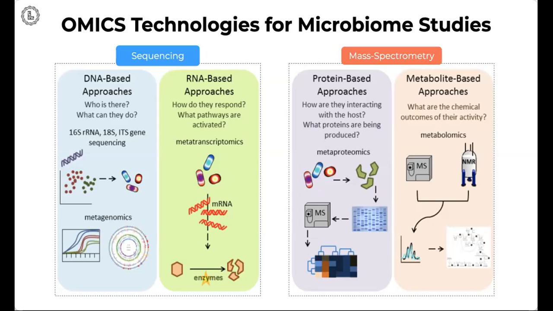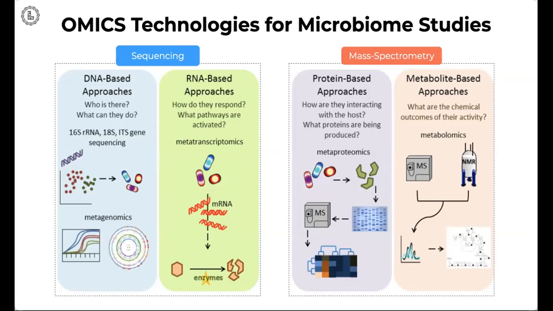So another way to approach these studies is to use a technique called mass spectrometry, and this will actually measure what proteins or what metabolites are actually being produced by these microbes to help us characterize the impact of these proteins or metabolites and the interaction of these metabolites with the host system.